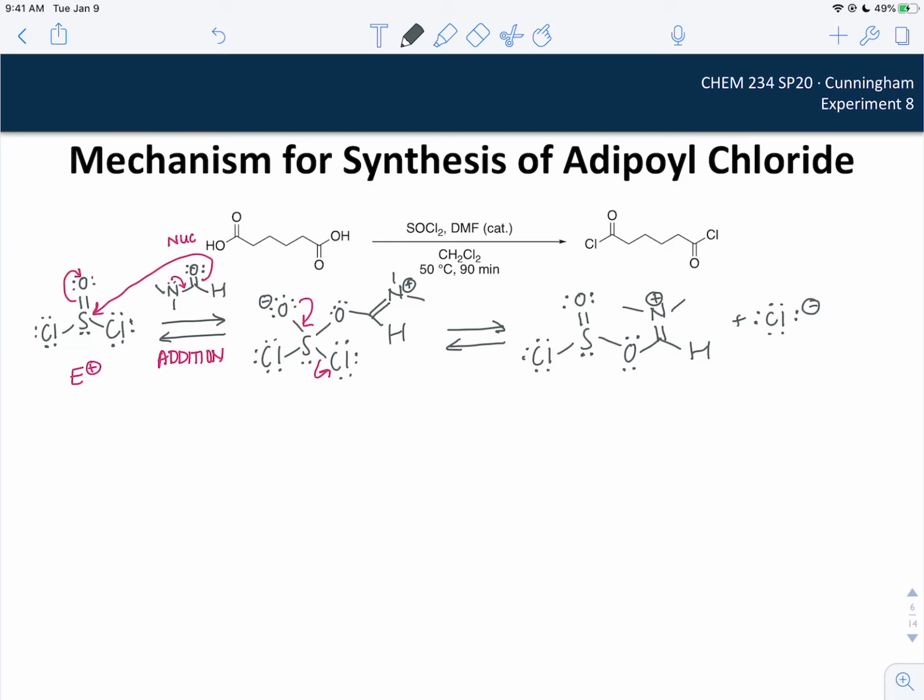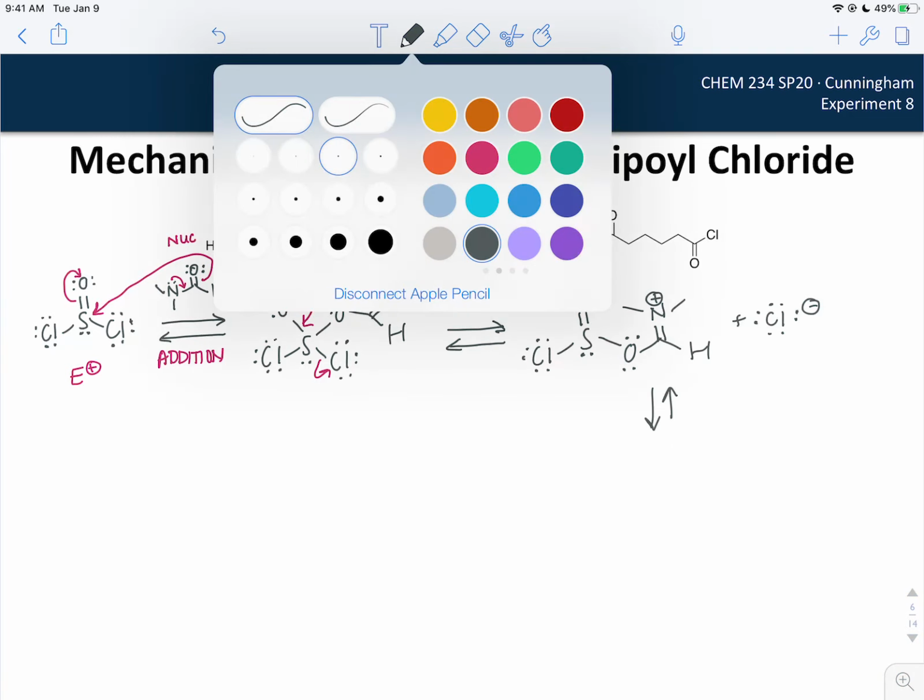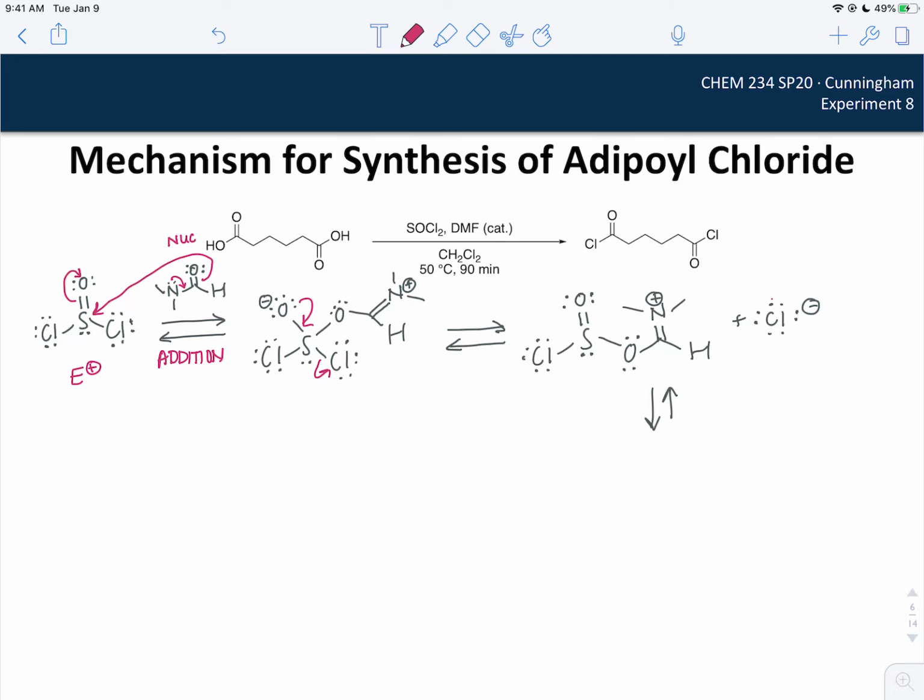And so at this point, we know that that positively charged nitrogen atom really wants some electrons. We can get that nitrogen atom some electrons by doing an addition of our chloride ion.